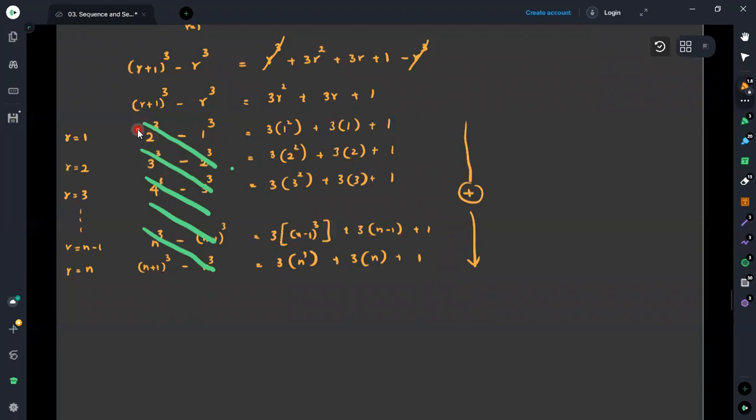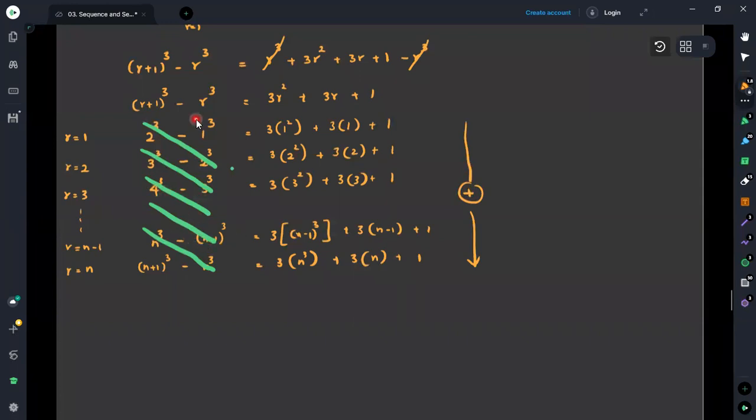We saw that there is a pattern of cancellation of the terms. The first term, 2 to the power 3, cancels out with minus 2 to the power 3, because we are adding all these n equations together. Then 3 to the power 3 cancelled out with minus 3 to the power 3. Therefore, we observed a pattern of cancellation in this way.